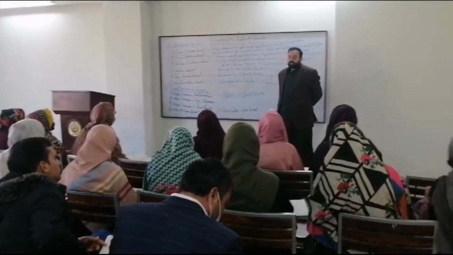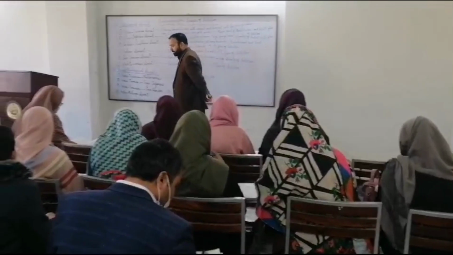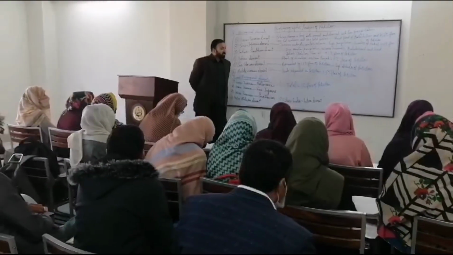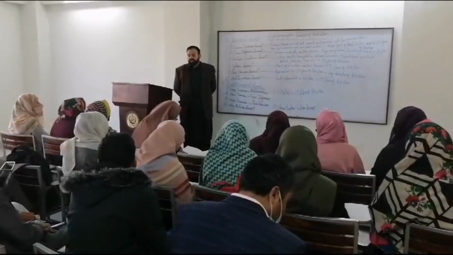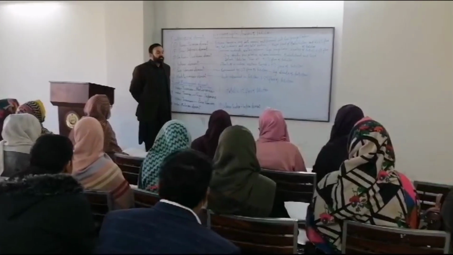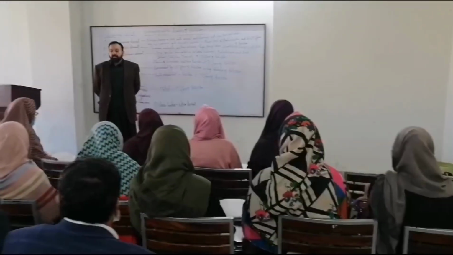In the last lecture, we discussed the climate and geography of Pakistan, and I told you that the distribution of plants, also called phytogeography, is directly related to the climate and geography of the country.